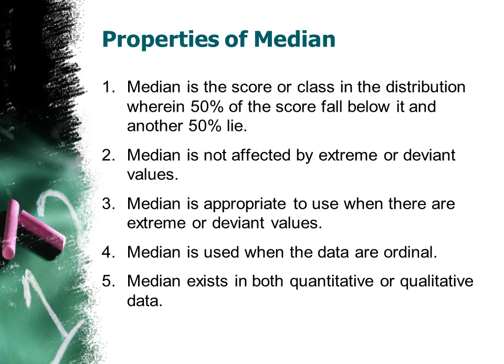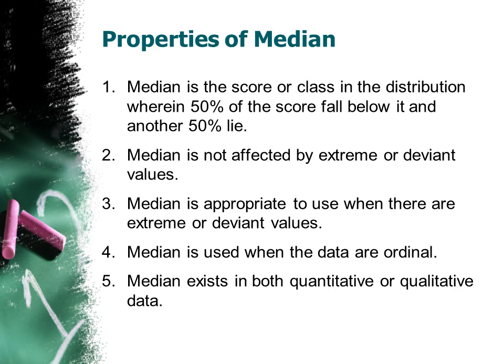The last one, median exists in both quantitative and qualitative data. As long as na-arrange siya, kahit quali pa lang siya, then you will just get the middlemost value of that, then it can be identified, yung median. So, anong example ng qualitative data na pwede sa median? Yung frequency of doing something, di ba? Sometimes you will answer, never, I never do this.